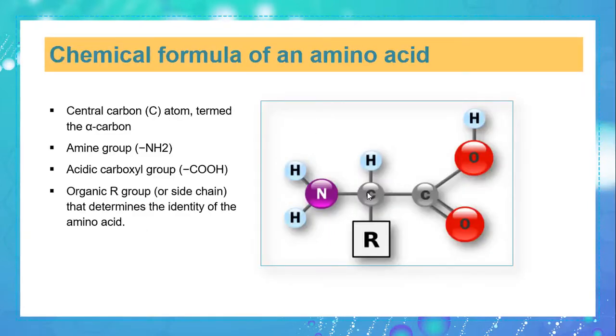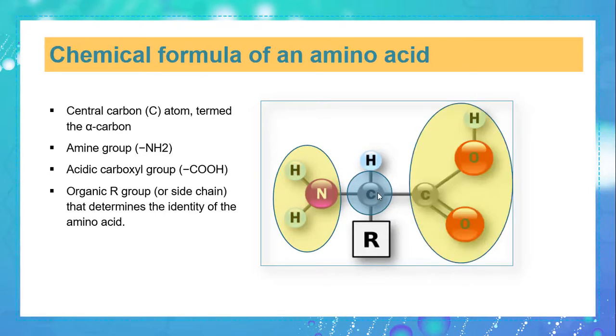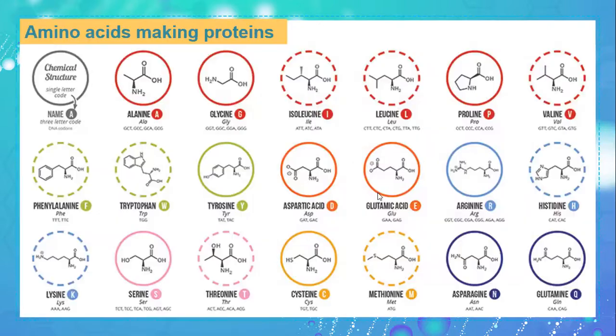So every amino acid has a central carbon atom termed the alpha carbon, an amine group, a carboxylic group, and an organic R group or side chain that determines the identity of the amino acid.